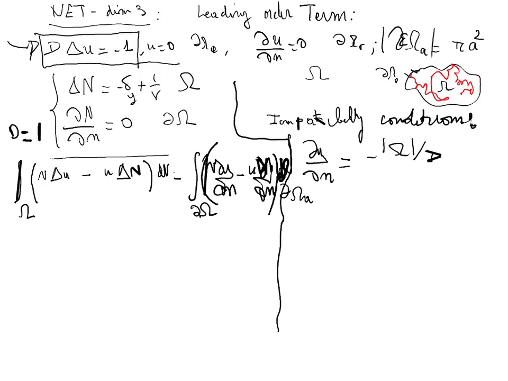Laplacian n is minus delta Dirac, so this gives u of y. Laplacian n also has the plus 1 over V term, so this gives minus 1 over V of the integral of u.